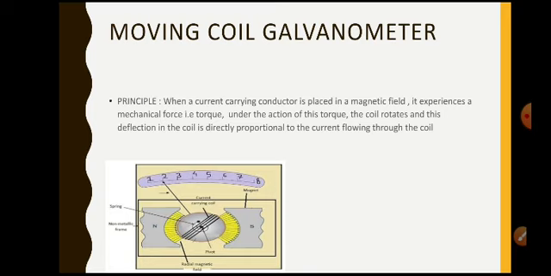Under the action of this torque, the coil rotates, and the deflection of the coil is directly proportional to the current flowing through the coil. This is the basic principle of a moving coil galvanometer.